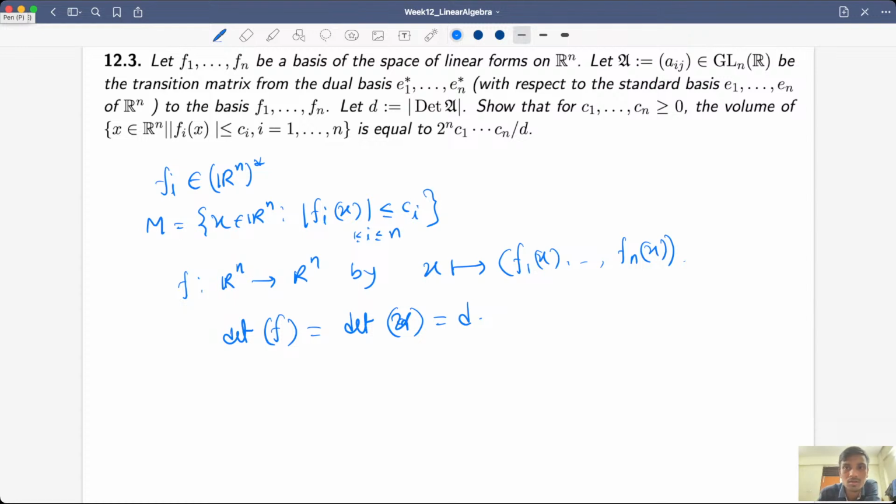And the determinant of f inverse is 1 by D, right?